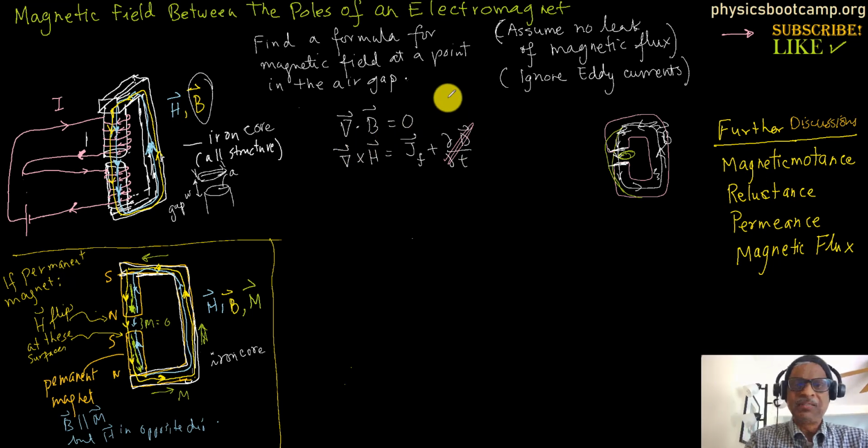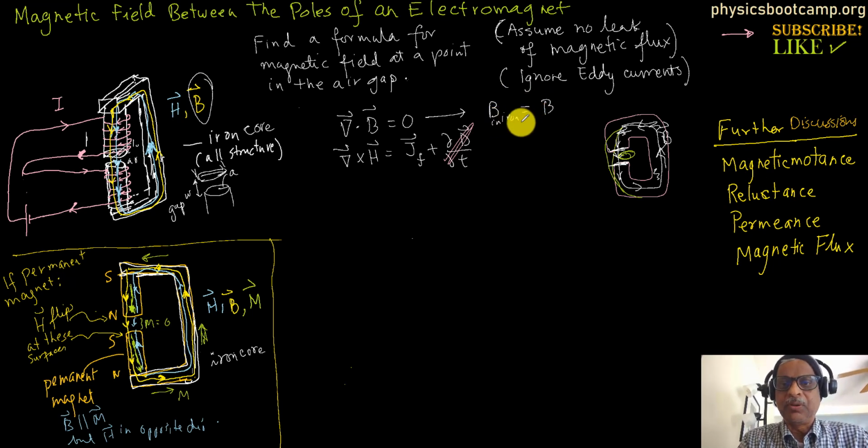So just this one, which says that at this interface, before and after, this is air and this is the iron, B in iron normal is equal to B in air normal.